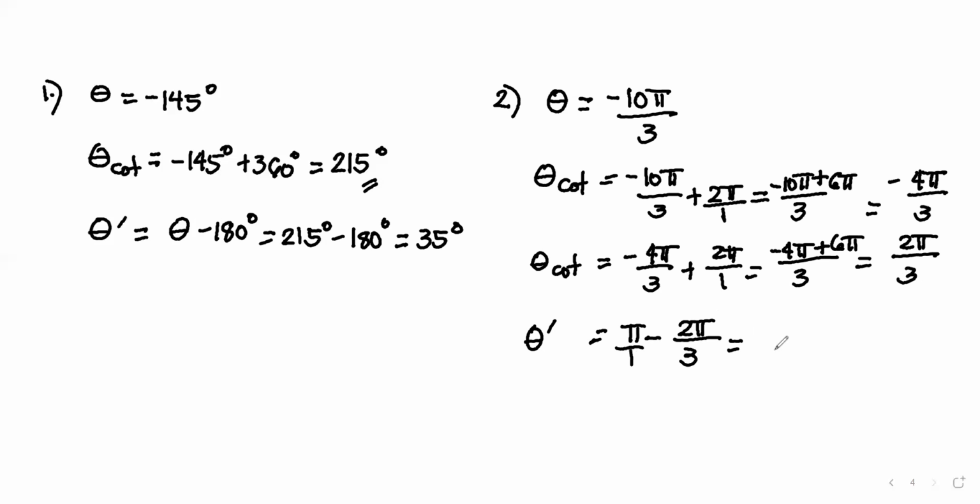Get the LCD again, which is 3. 3 divided by 1, 3 times pi, minus 3 divided by 3, that's 1 times 2 pi. Simplify: 3 pi minus 2 pi over 3, which is pi over 3. So this is the reference angle of negative 10 pi over 3.